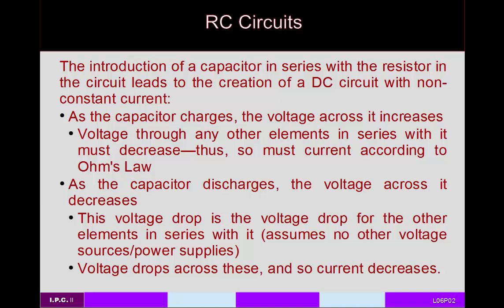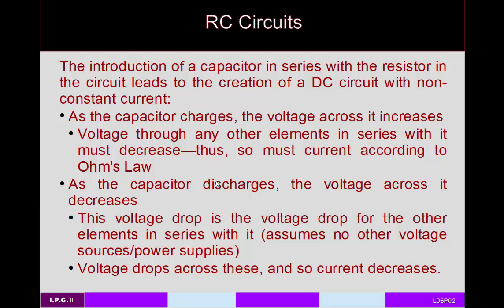Basically, as the capacitor is charging, the voltage across it and the charge on each plate of it would be increasing. According to Ohm's law and Kirchhoff's voltage rule, or the Kirchhoff loop rule, any other elements which are in series with that capacitor must therefore experience a decrease in voltage drop across them.